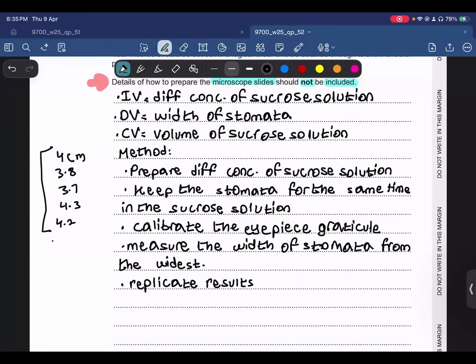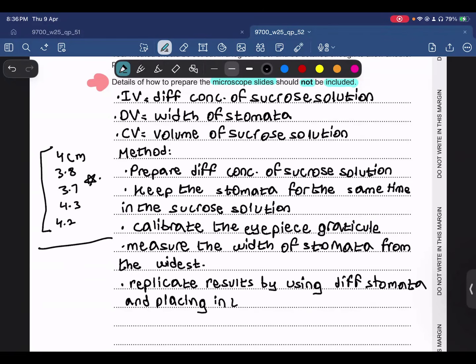Method number one. Or method number two, use the same stomata and measure its length from different angles. But again, this would be a better one. So replicate results by using different stomata and placing them in the same sucrose solution. And yes, the next point is exactly right, that you do that to avoid any anomalous results.